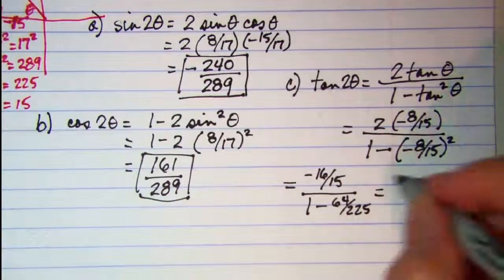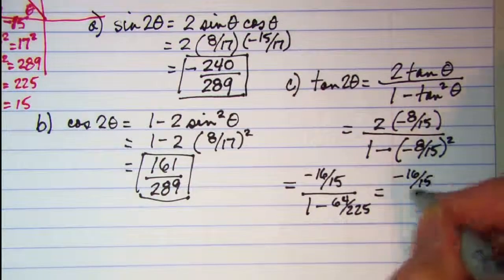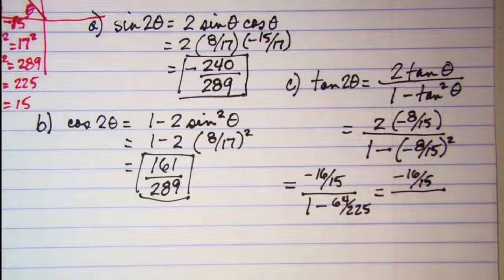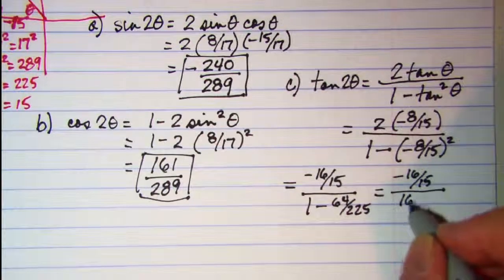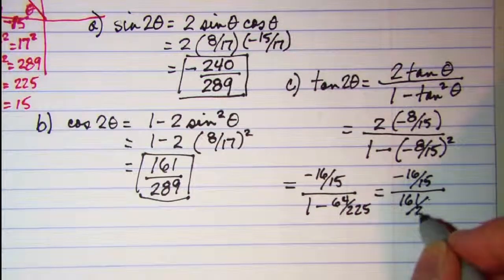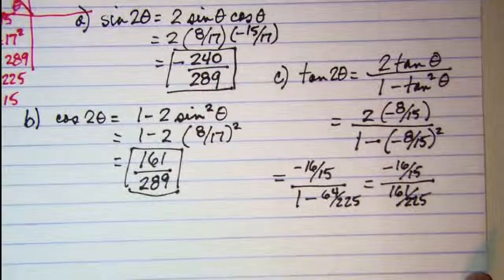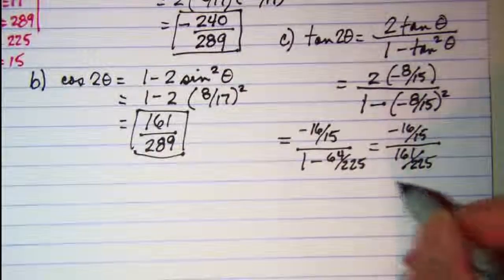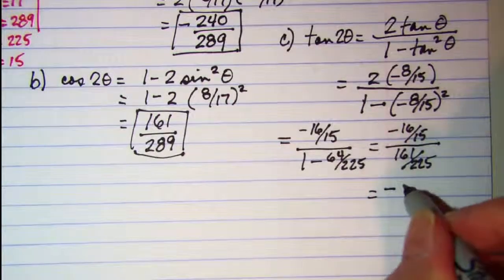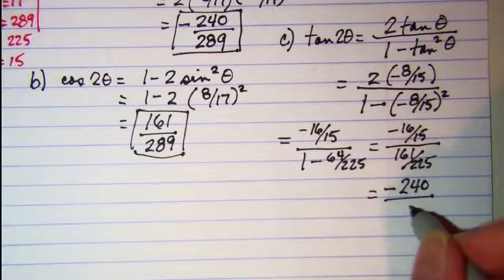So that is negative 16 over 15 divided by 161 over 225. And that quotient then is a negative 240 over 161.